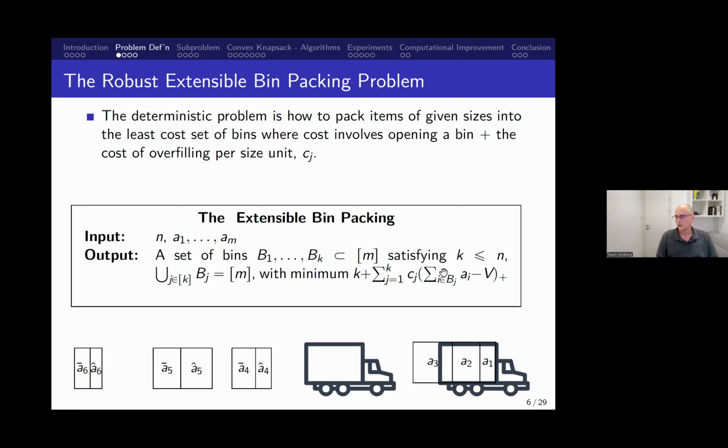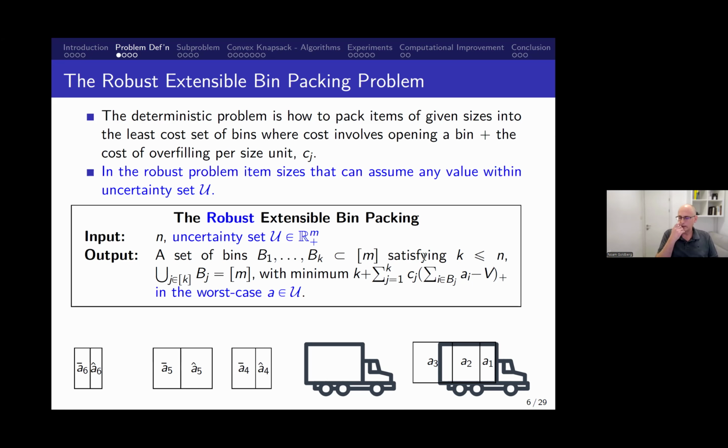So it's the overtime cost per unit time, times the amount of overtime in each bin j, which is the positive part of this amount. And the robust version, of course, is where instead of being given some vector a, we have this entire uncertainty set, and then we want to minimize the same objective for the worst case a in this given set.